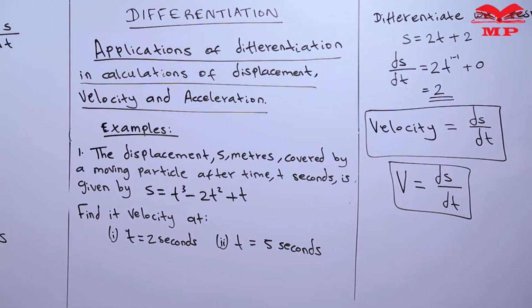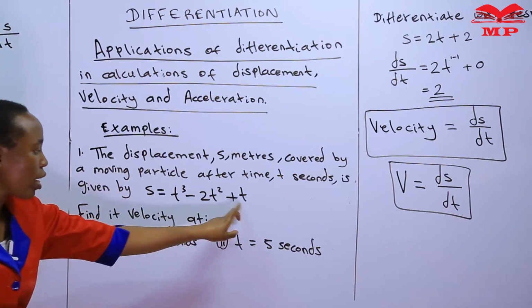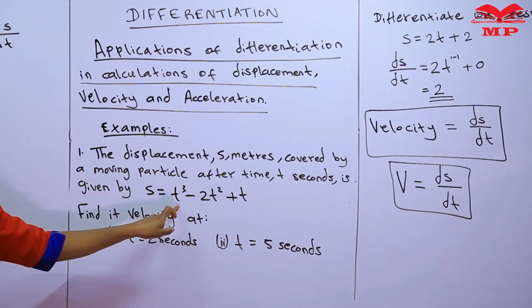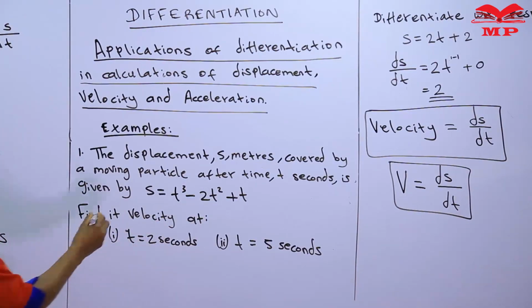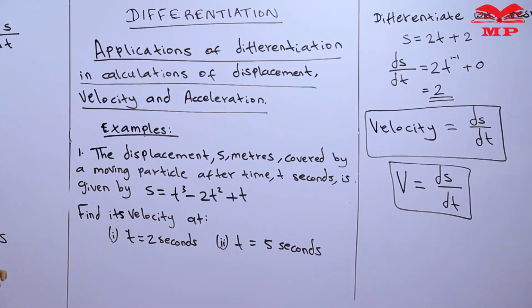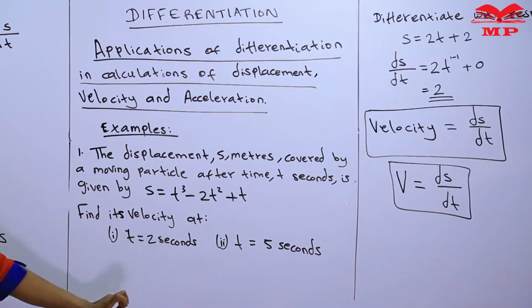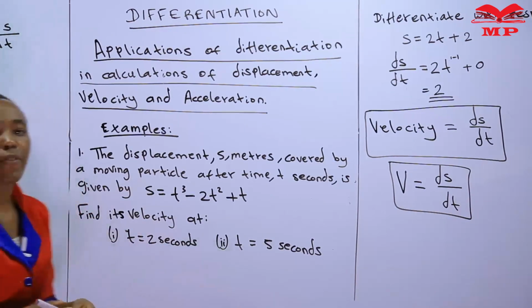So I want us to calculate the velocity for this. The displacement s meters covered by a moving particle after time t seconds is given by s is equal to t cubed minus 2t squared plus t. Find its velocity when t is equal to 2 seconds and when t is equal to 5 seconds.